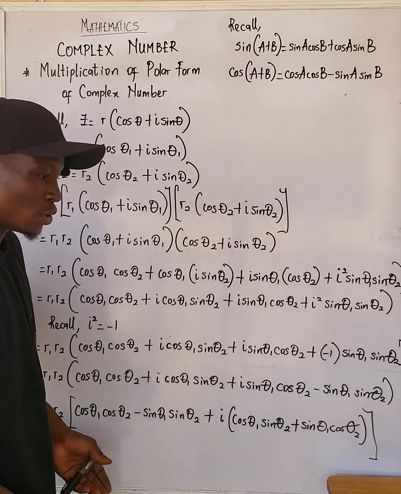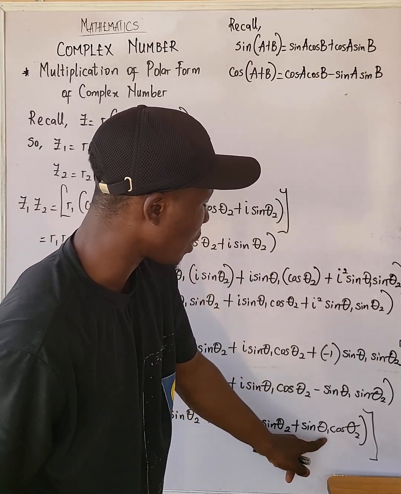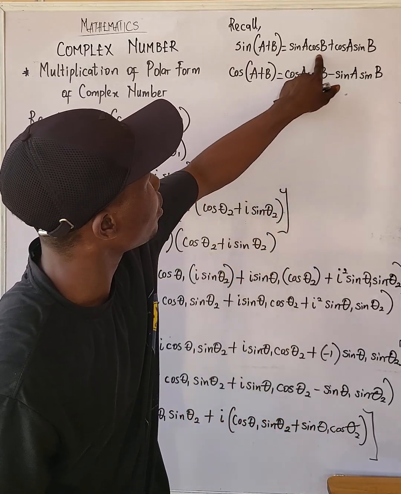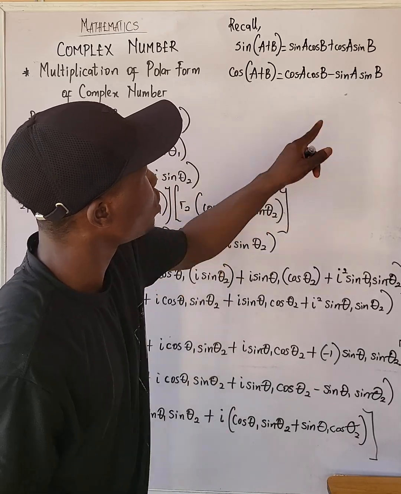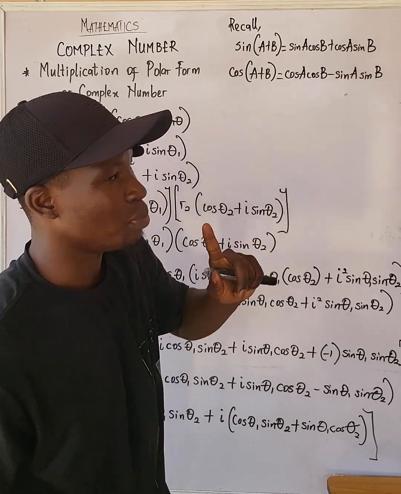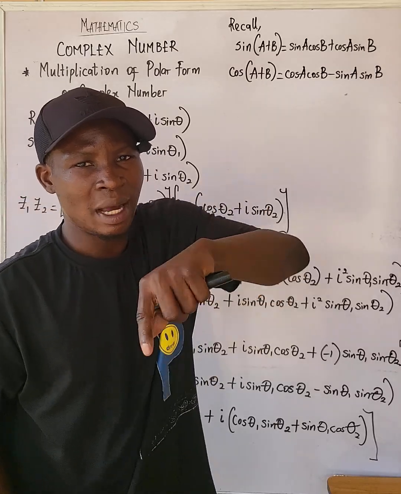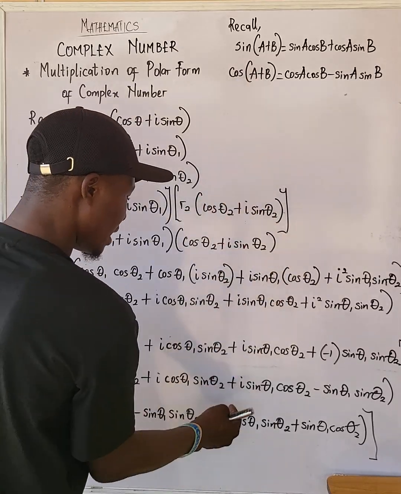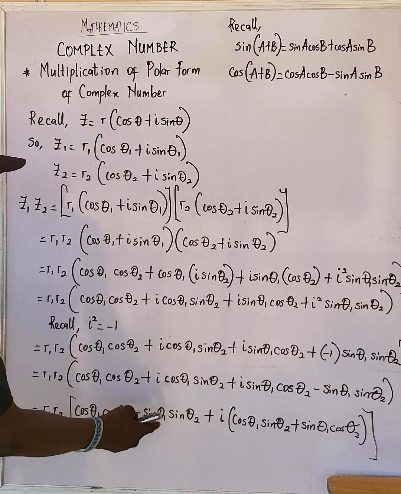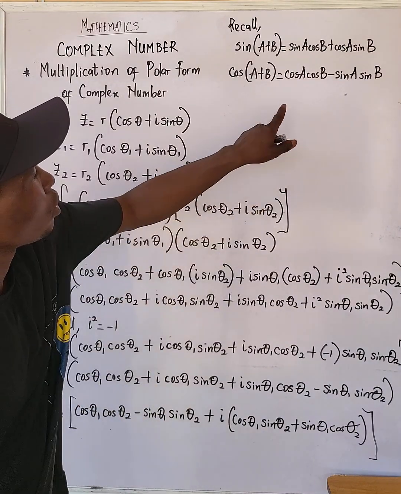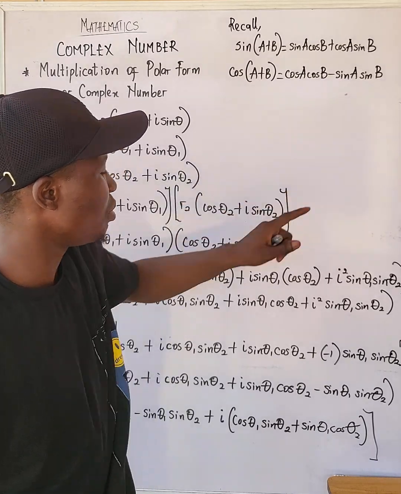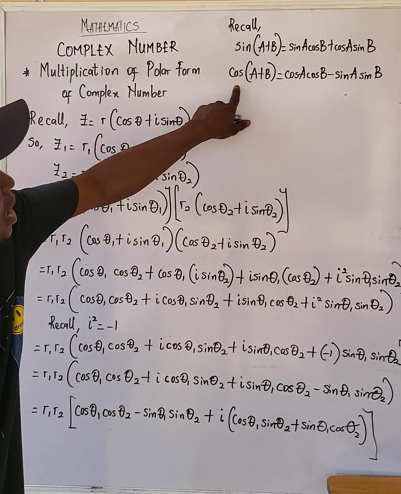So this sin theta 1 cos theta 2 plus cos theta 1 sin theta 2, which is sin A cos B plus cos A sin B, with A as theta 1 and B as theta 2, is now sin A plus B. Then cos theta 1 cos theta 2 minus sin theta 1 sin theta 2, which is cos A cos B minus sin A sin B, is now cos A plus B.